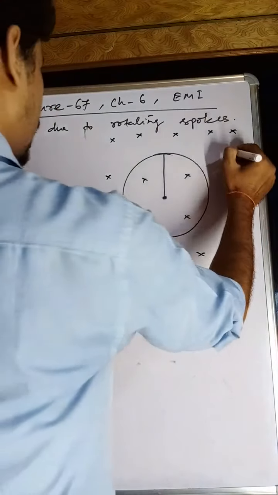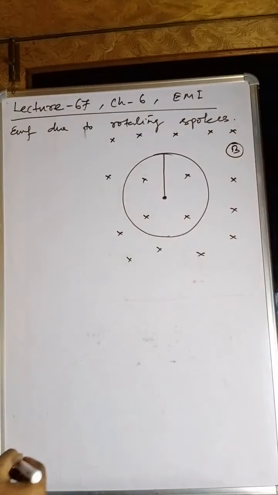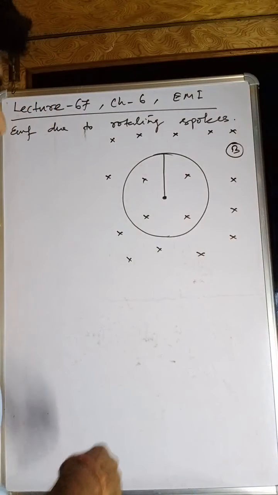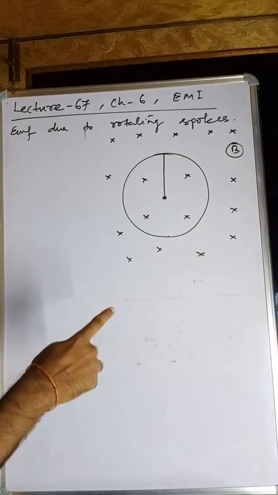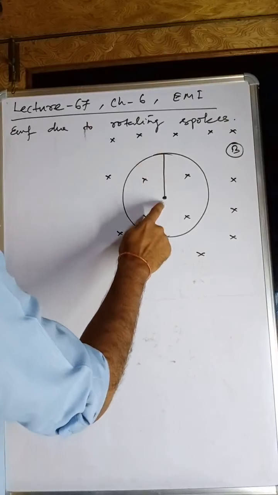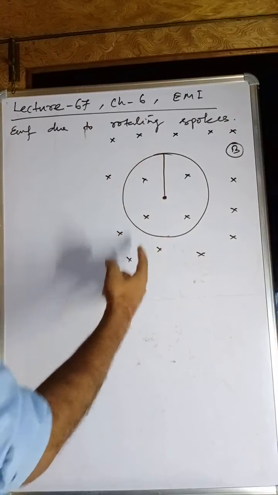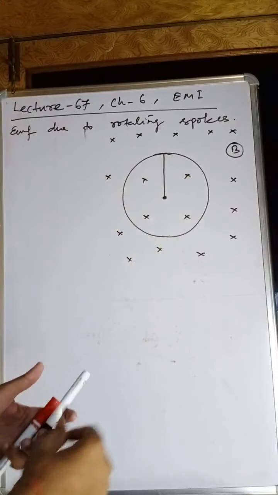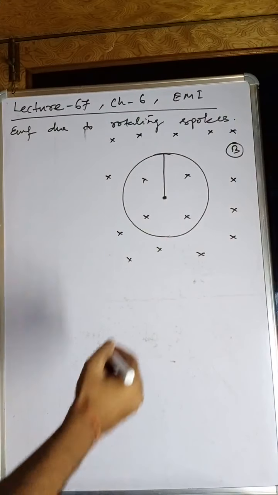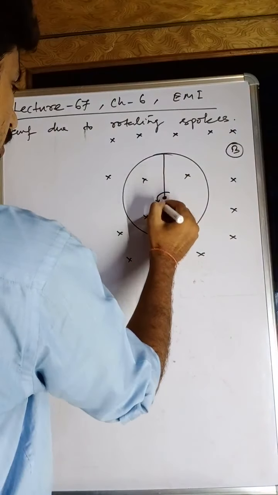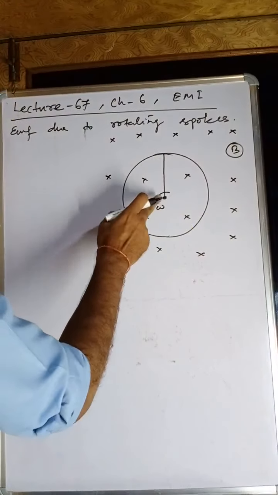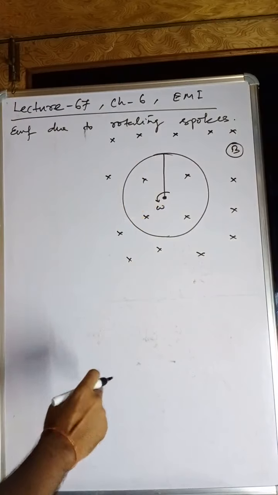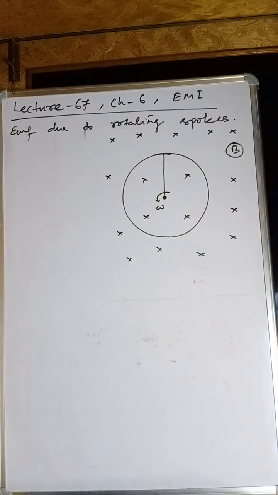Remember, my dear students, this is the metallic rim of the cycle, and this is the spoke which is pivoted at the center, and it is allowed to move with a constant angular velocity omega. You have to find the EMF induced between the center and the circumference of this rim.